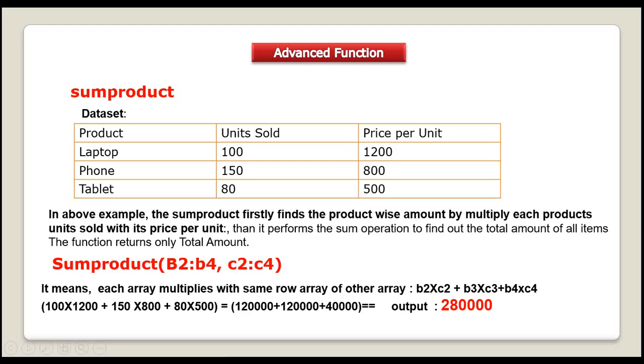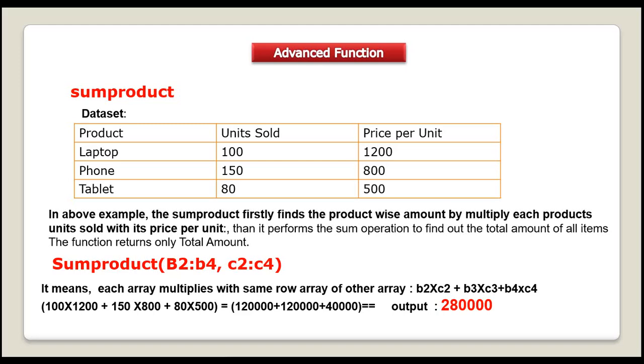It first finds the product of the matching values of the two arrays, then finds the sum of all the products to provide the result. This is especially used in various analyses like product analysis, sales analysis, economic analysis and so on.